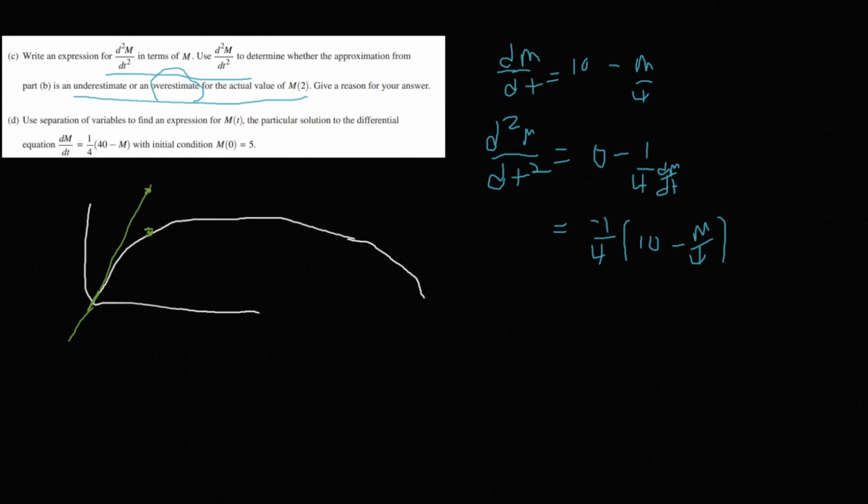Use separation of variables now to find the particular solution with the initial condition m(0) is equal to 5. So I'm going to leave it as this dm/dt.